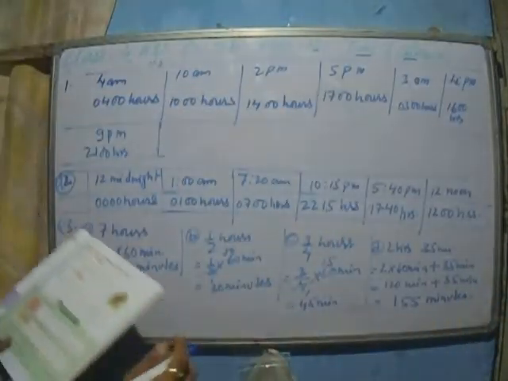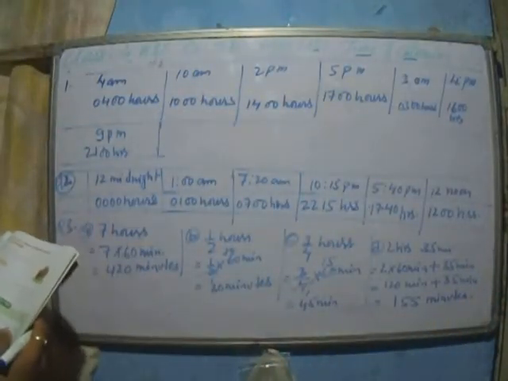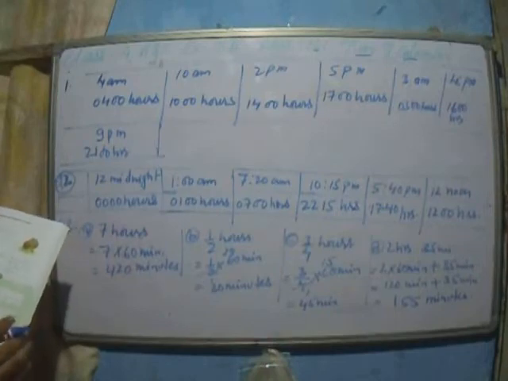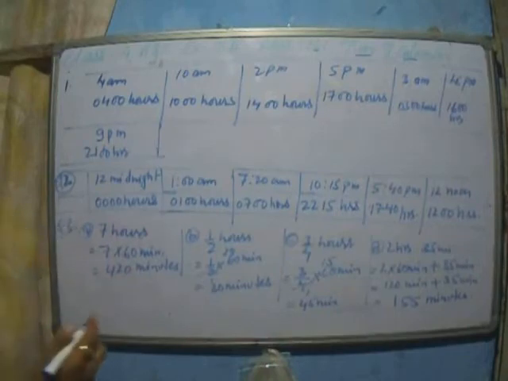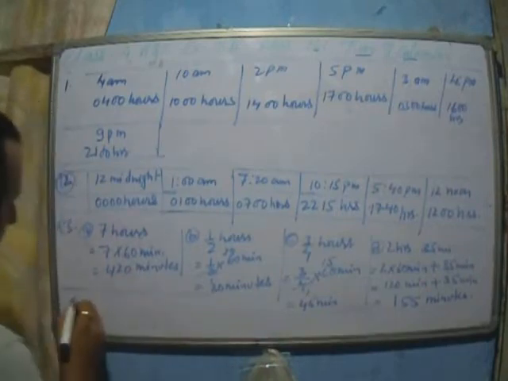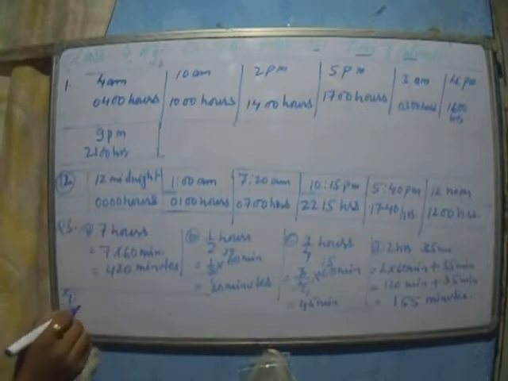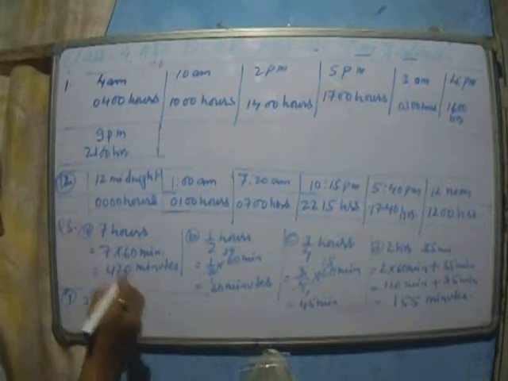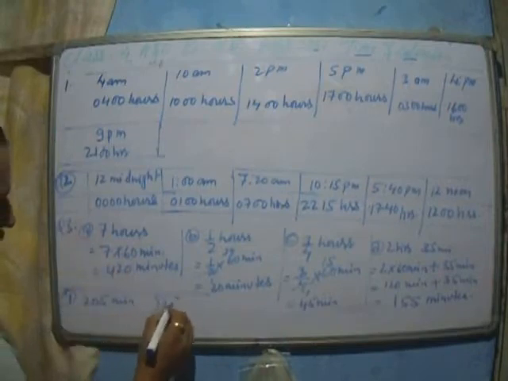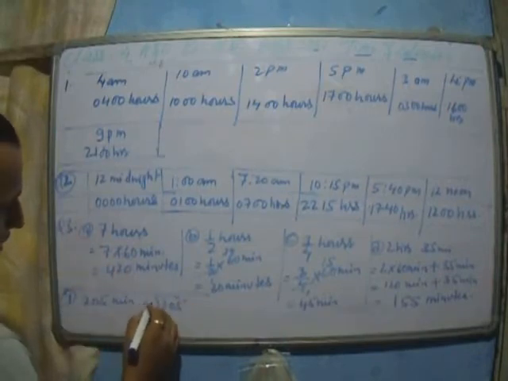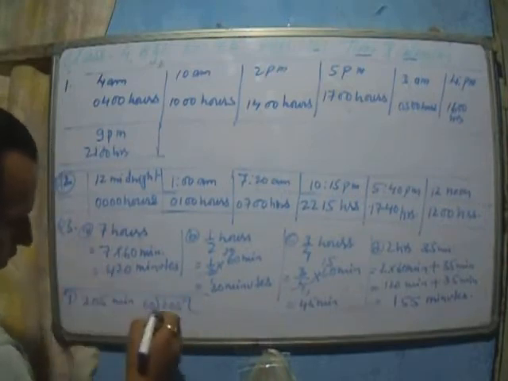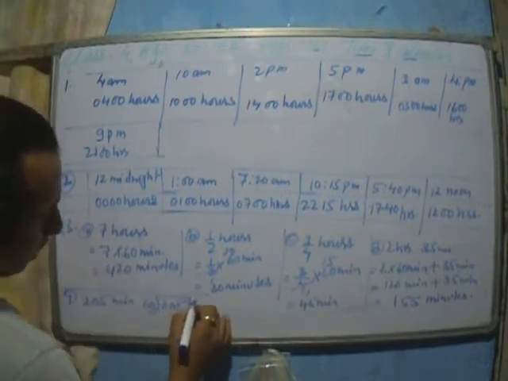Question number 4. How many hours are there in the following? Here it is talking about how many hours there are. Question 4A is 205 minutes. Here you have to divide 205 by 60. 6 times 3 is 180.